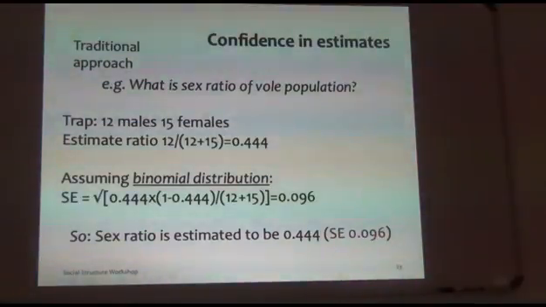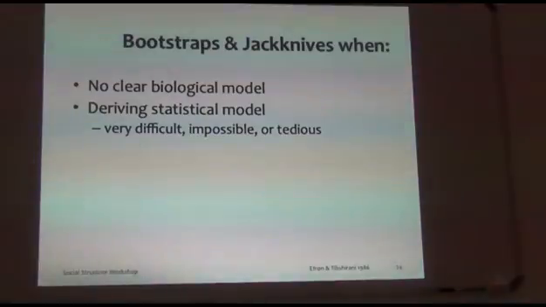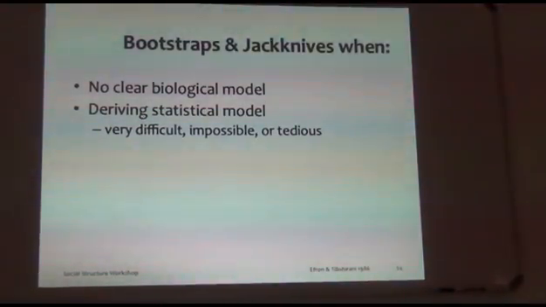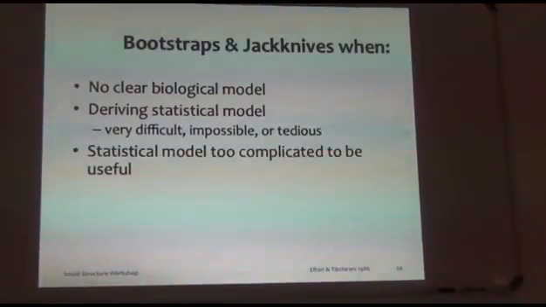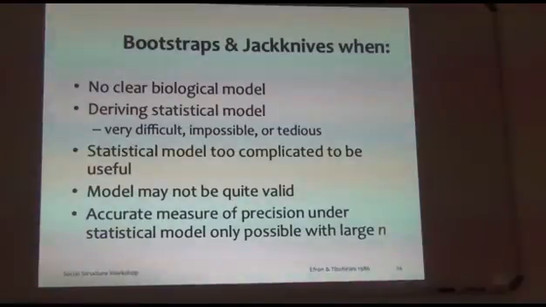But what we don't have, and that's going to be the case for all network metrics, for example, is either a clear biological model, or trying to use a statistical model is too difficult, impossible, or even boring. Or it's too complicated to be useful, or the model might not be valid or accurate.